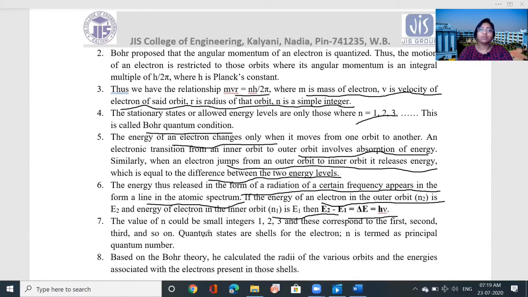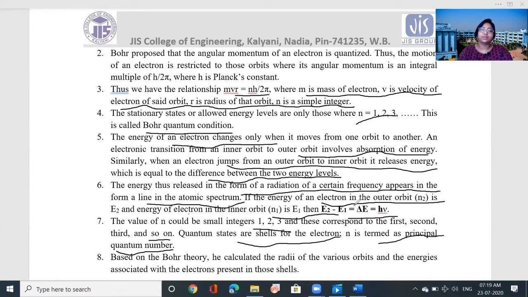The value of n could be small integers 1, 2, 3. Those correspond to the first, second, third orbits, and so on. Quantum states are cells for the electron. n is termed the principal quantum number.